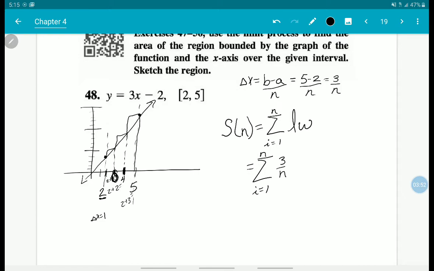We're going to do the same kind of concept here. We need to evaluate the function at some x value. We're going to start at this 2, and we're going to increment by 3 over n, and we're going to multiply that by i.